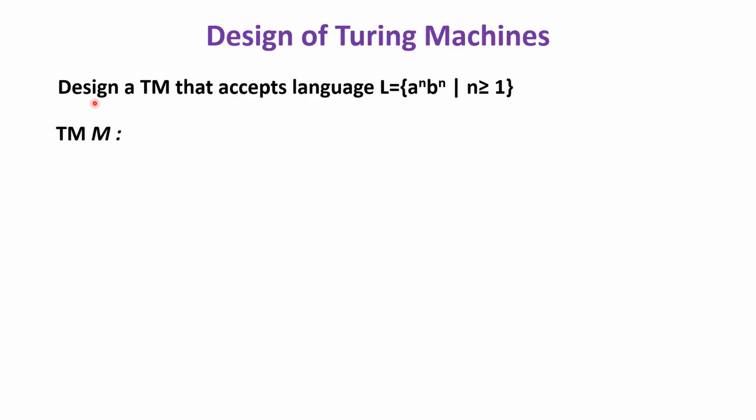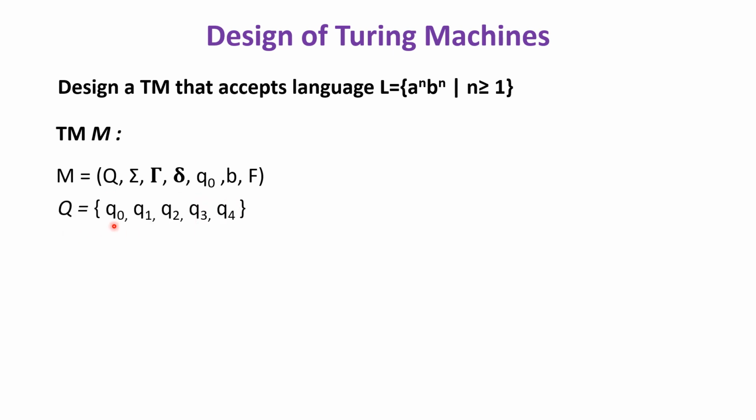The complete design of a Turing machine that accepts the language L equals A raised to n B raised to n, where n is greater than or equal to 1, is M equals Q, summation, tau, delta, Q naught, B, F, where Q consists of 5 states Q0, Q1, Q2, Q3, Q4. Summation is A, B. Tau is A, B, X, Y and blank.